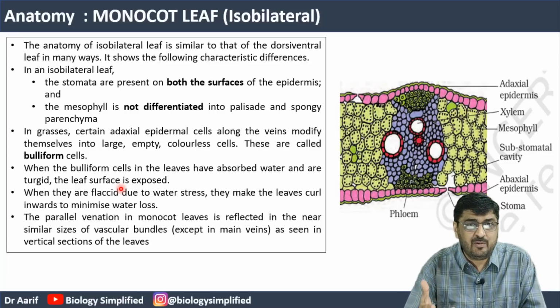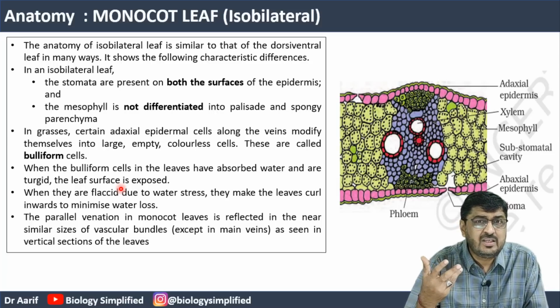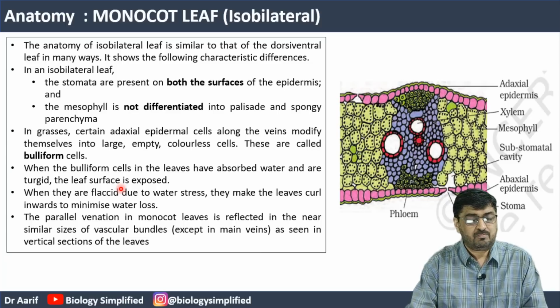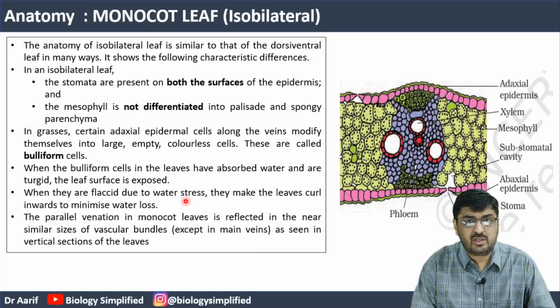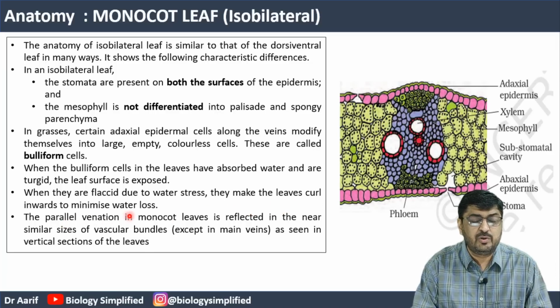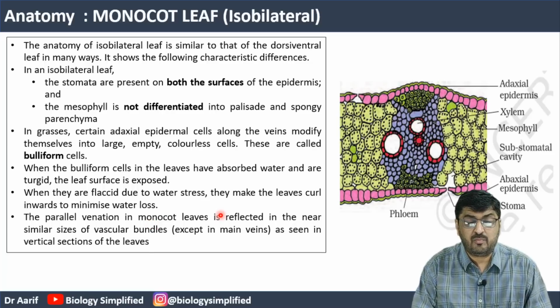So in a way it is helping us to combat the scarcity of water. So when they are flaccid due to water stress, they make the leaves curl inward to minimize the water loss. ठीक है? Are you clear, please? The role of the bulliform cells.